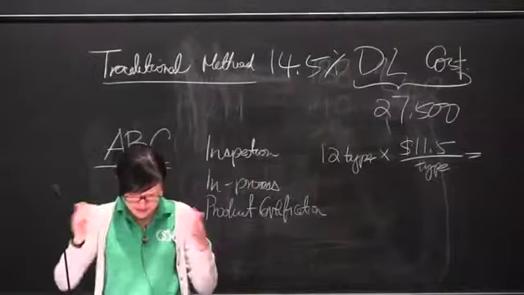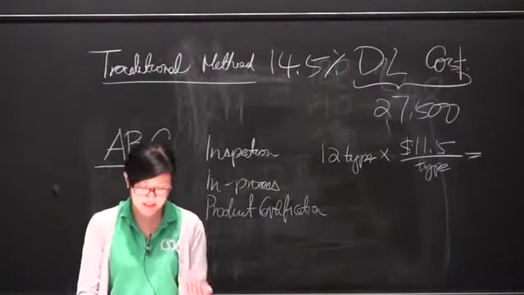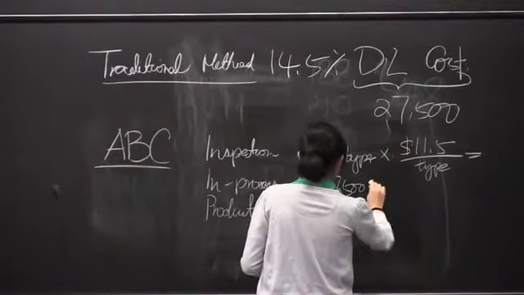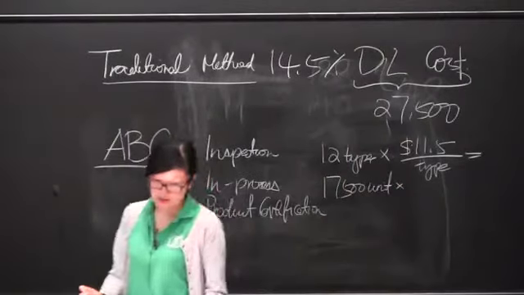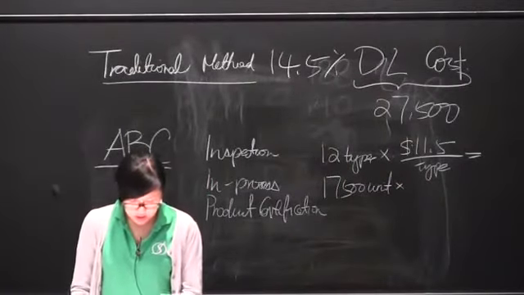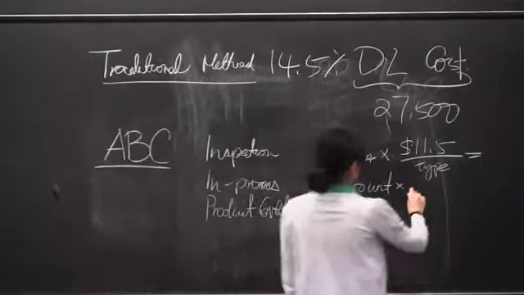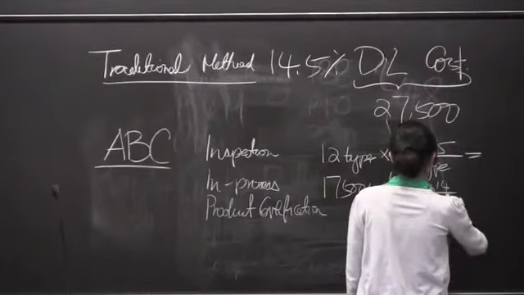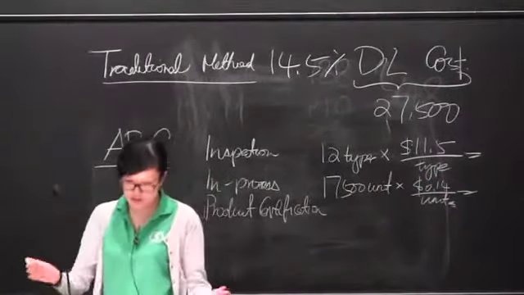The second one, same thing. They gave you the cost driver. It's number of units. They told you the unit already, 17,500 units. And they told you the cost allocation rate is 14 cents per unit. So 14 cents per unit. Yeah, my unit canceled out again, so that worked.